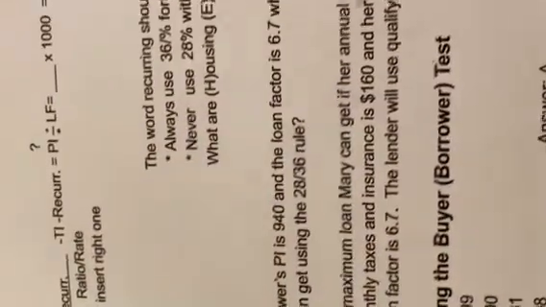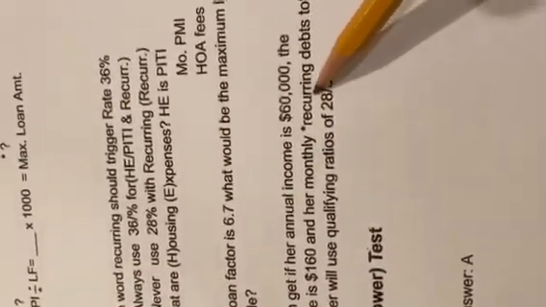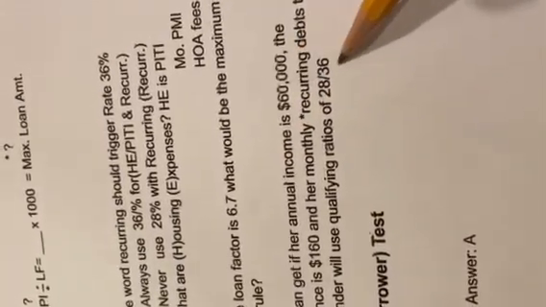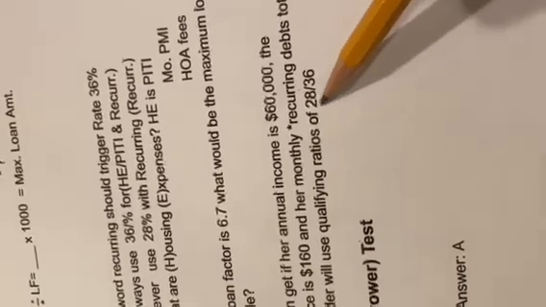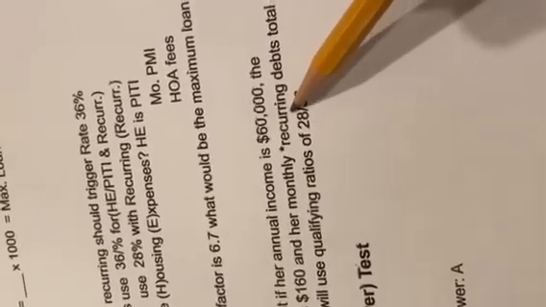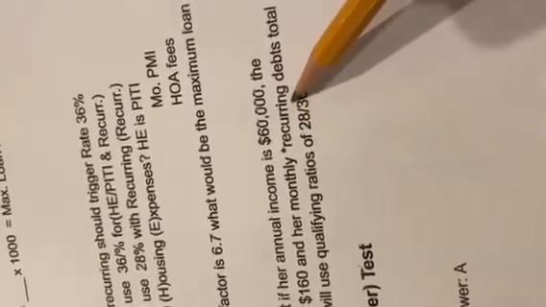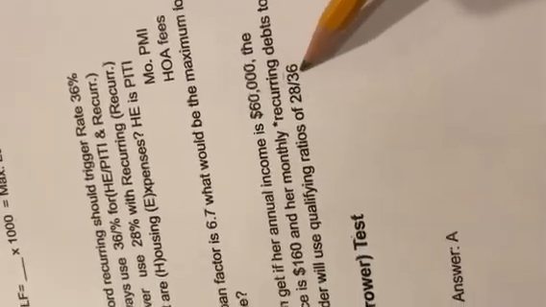Now let's look at our problem. If you see the word recurring, you know automatically that you're going to use 36%. They give you both of them, so you have to choose which one is right. And from your problem, if the word recurring is in your problem, you always use 36%.